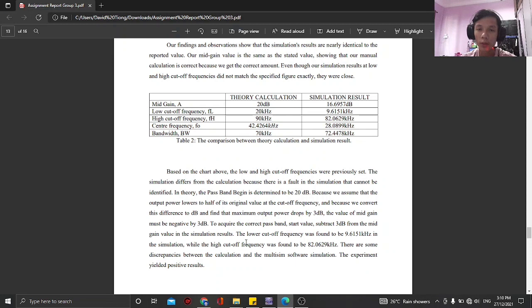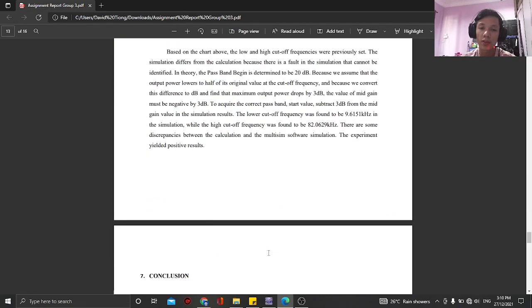Based on the chart above, the low and high cutoff frequencies were previously set, and we assume that the output power drops to half of the original value at the cutoff. Converting this difference to dB, the maximum output power drops by 3 dB, so the value at the cutoff must be 3 dB below the mid gain. There are some discrepancies between the calculation and the Multisim software. The simulation yielded positive results.